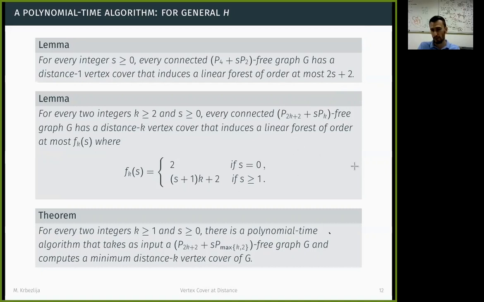And if you do that for each component, we can take a union of the solutions to get a minimum distance k vertex cover of the whole graph G.